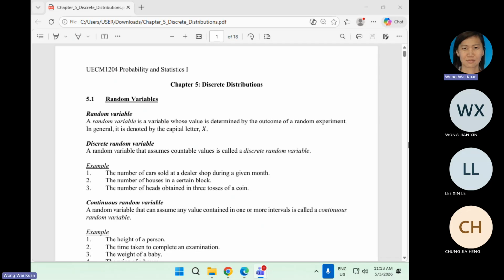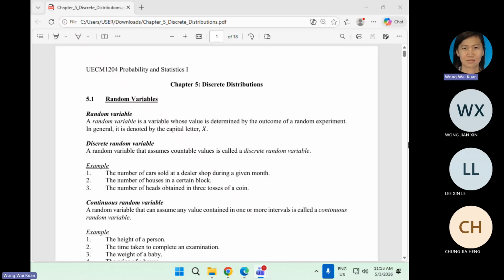Two possible X. So one is the number of heads obtained. If I flip a coin once, how many heads could I get? 1. Can I get 0? Why not 0?